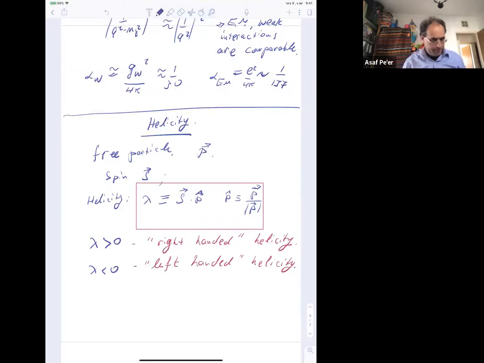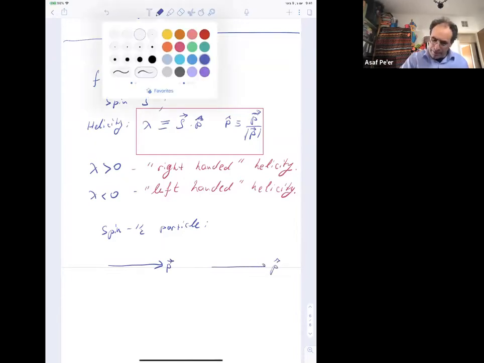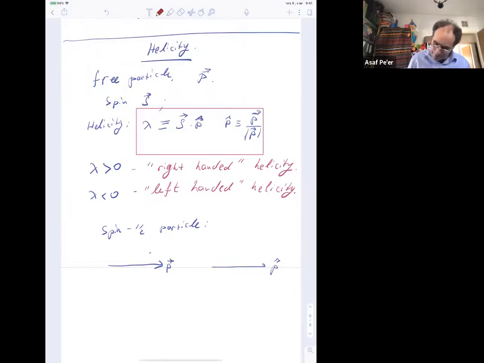So if we take a spin 1/2 particle, traveling in this direction, if the spin vector s is in this direction, then lambda is plus 1/2, and it's right-handed. And if the spin is in the opposite direction, then lambda is minus 1/2, and we say it's left-handed.